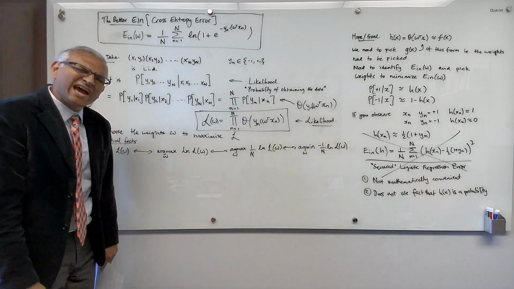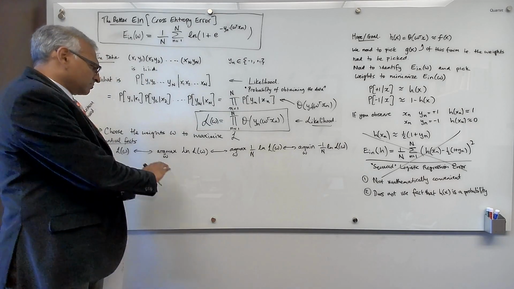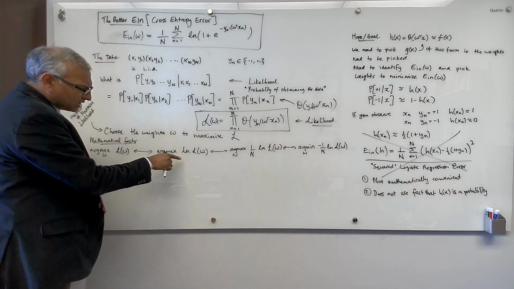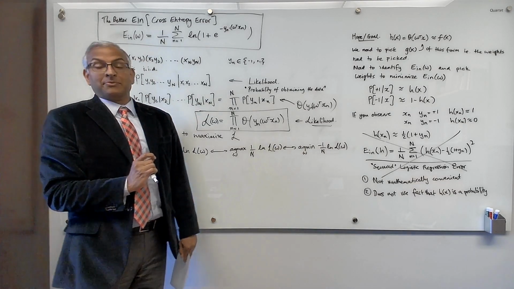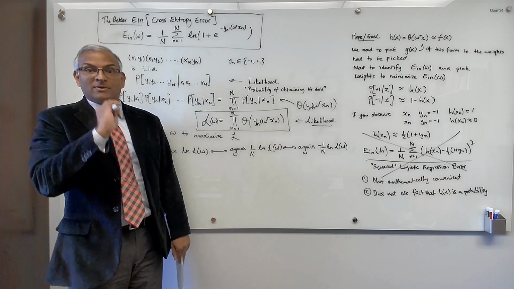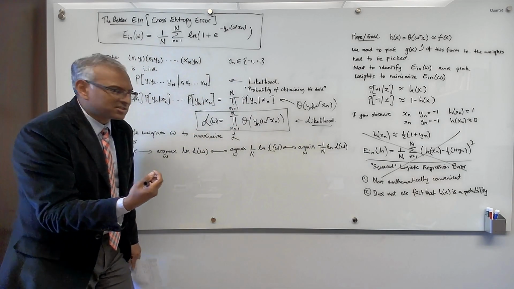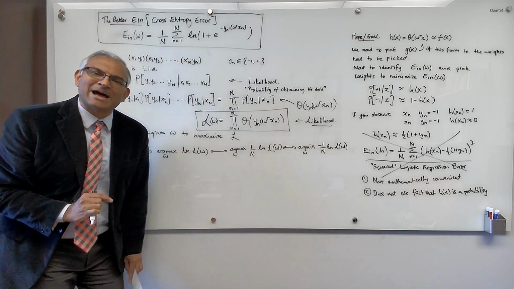And you might ask, why am I doing this? Most of the stuff I'm doing is just cosmetic, but the main thing here was introducing the log. Can anyone tell me why I introduced the log? Pause for 1 second. We'll come back. I introduced the log because the log is this beautiful function that can convert a product into a sum.